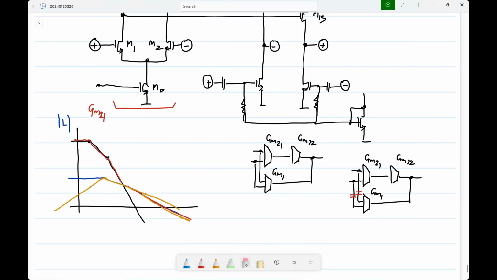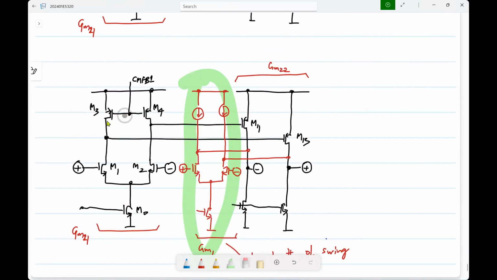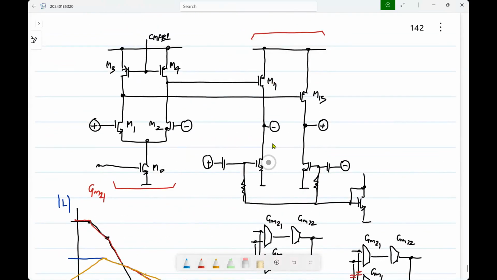Okay. So in this case, the swing limit is not affected severely, right? And the other advantage is, if you look here, you had some bias current for the first GM21, some bias current for GM22, and another bias current for GM1. Okay. Whereas here, this is GM22 and this is GM1. They are sharing the same bias current. So that also makes it more efficient.